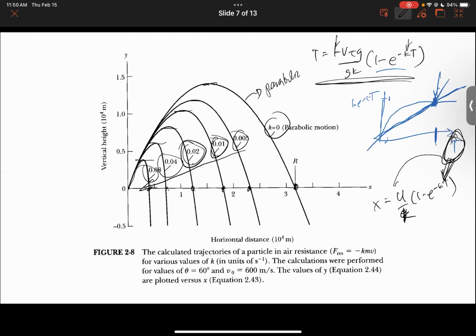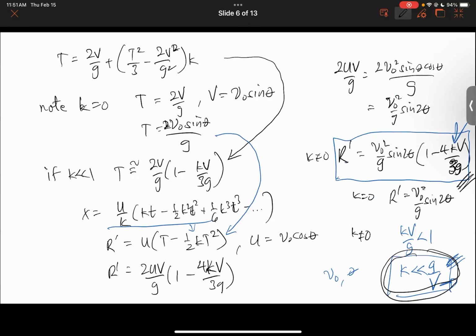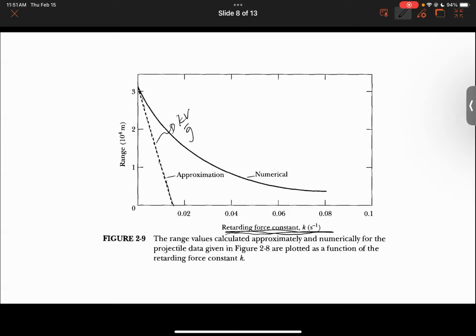And yun nga yung in-explain natin kanina. Linear lang tong range na to, at ang slope nito is 4 kV over 3G, sorry. Yun yung slope niya. Of course, it's negative slope.